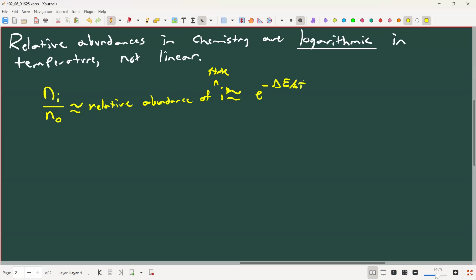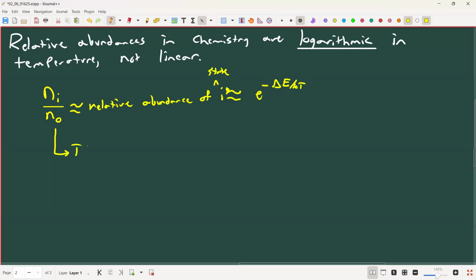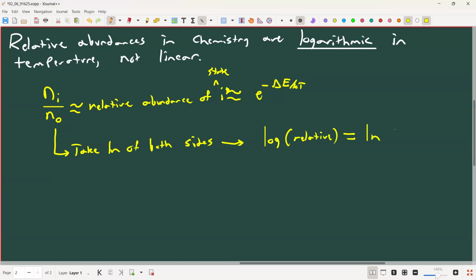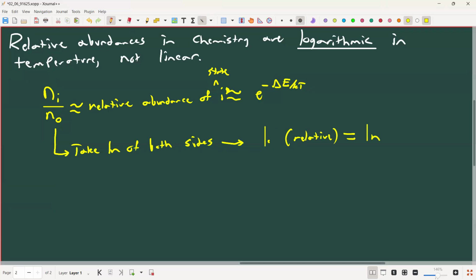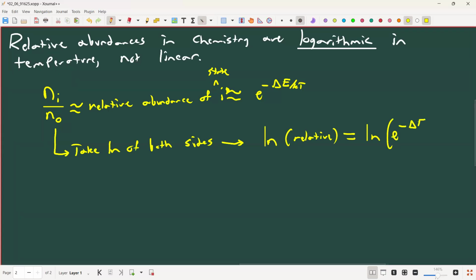If I take logs of both sides, I have the log of the relative abundance is equal to the log. I'm going to write Ln, natural log, of e to the minus delta E over KT.